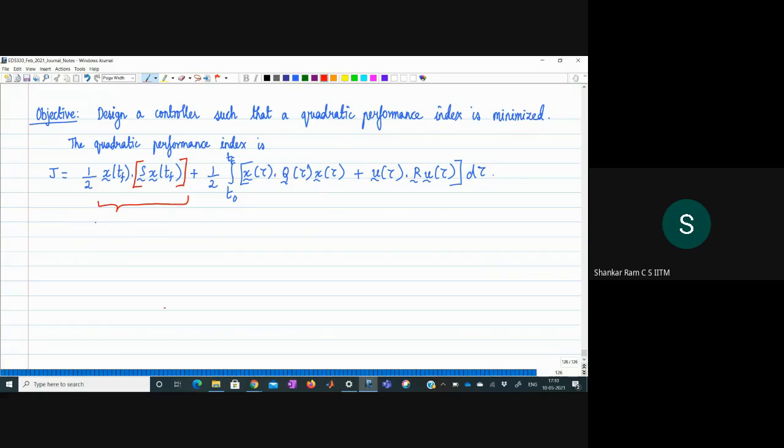Ideally, we would want the controller to take the state of the system to the equilibrium state, and we have assumed that the equilibrium state is the origin. So if I don't go to the origin, I have to be penalized. What do I mean by this?